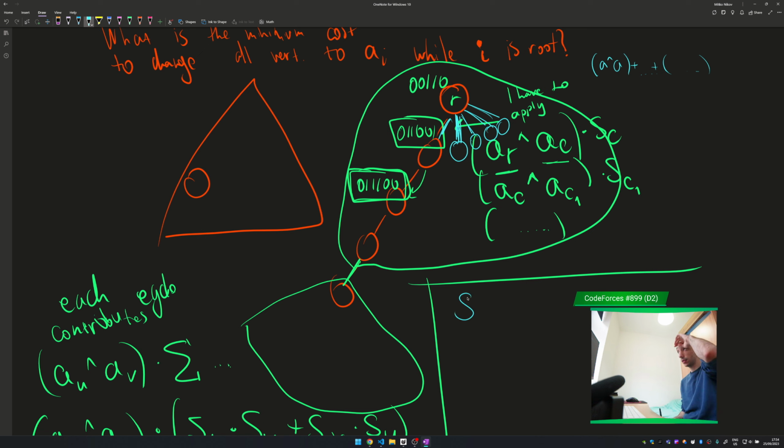Let's say this is S. These remain totally the same cost, but now this guy will introduce its XOR with these children here.